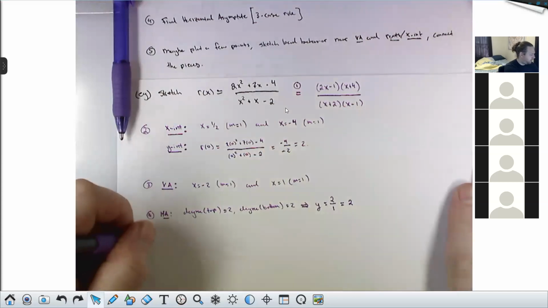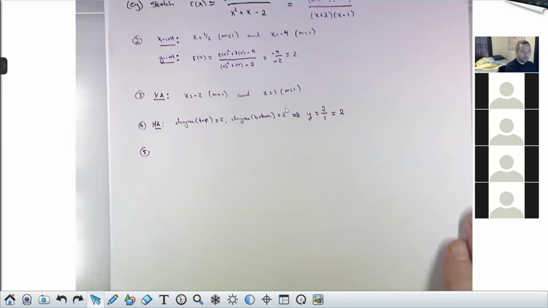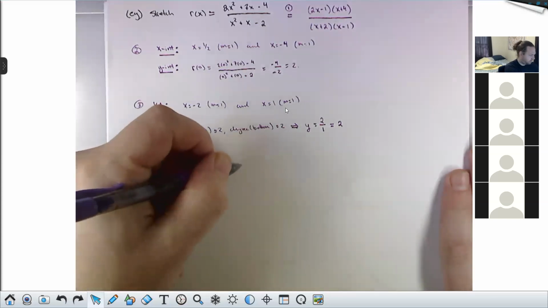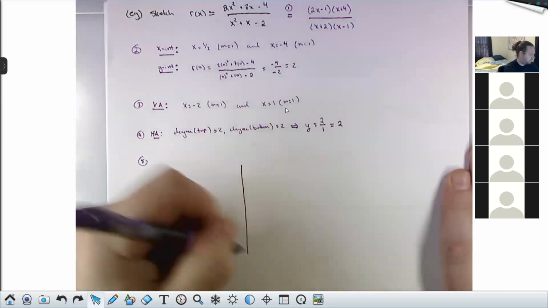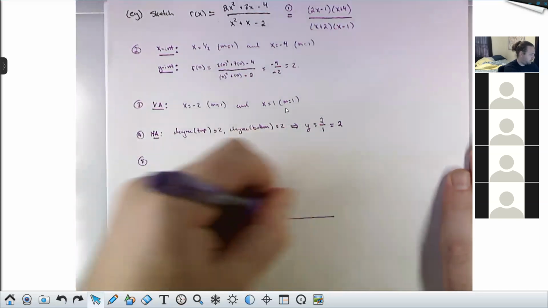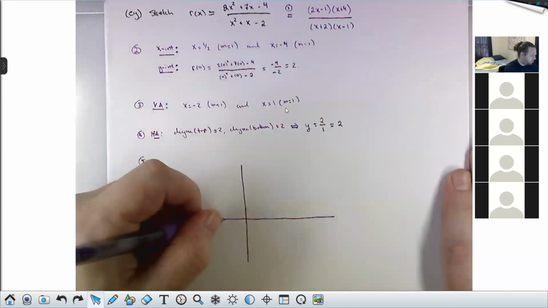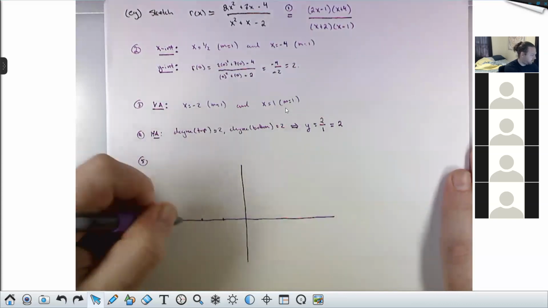All right, now we're on step 5, which is where we actually start drawing the graph. So let me get in here. Where do I have interesting things going on? Well, I've got x-intercepts at 1/2 and -4. So I know I need to get all the way over to -4, and I need to use a scale that's big enough so I can see 1/2 also.